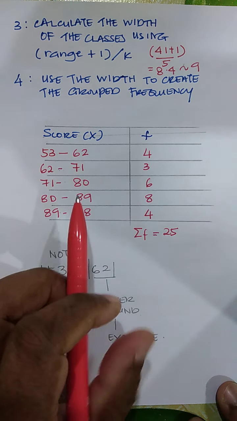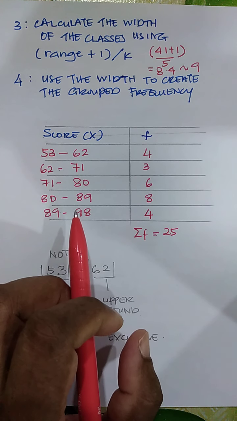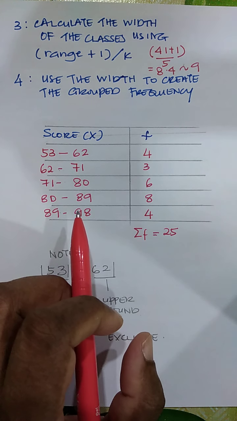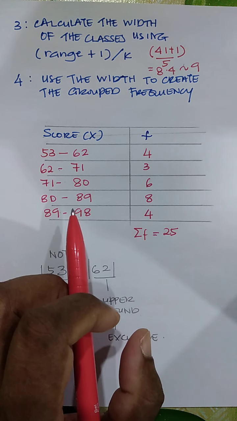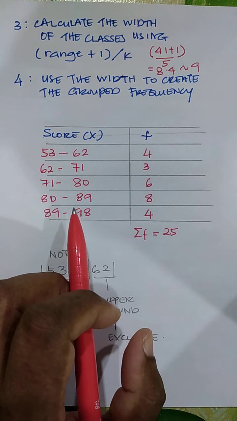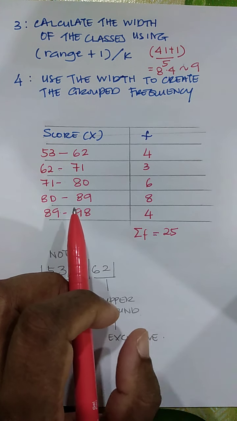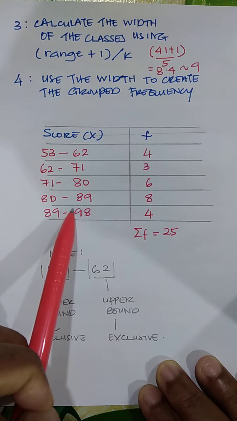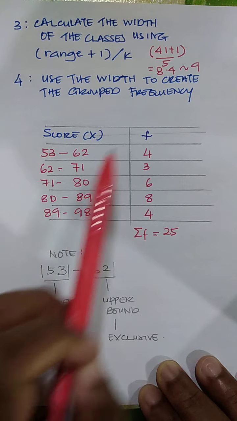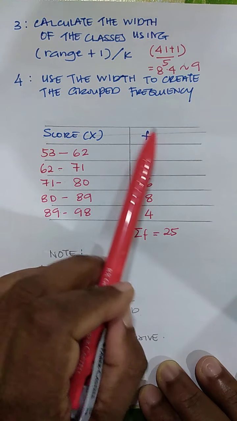That's why it's important to choose a number of classes such that 2 to the power of k is greater than your sample size. Now, once you get the classes with the intervals, you can compute the frequency.